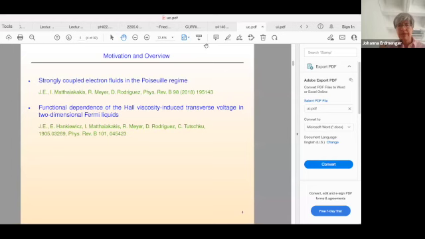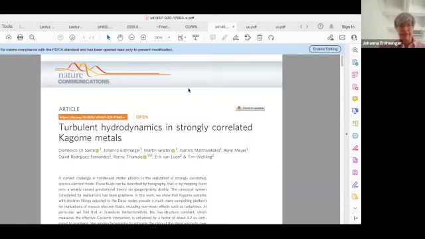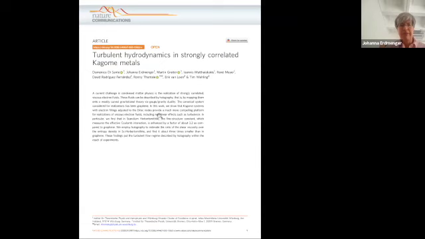One more time. Yeah, okay, so now you can see this paper. Sorry, it always takes a long time to shift from one to the other. Okay, here now you can see it.